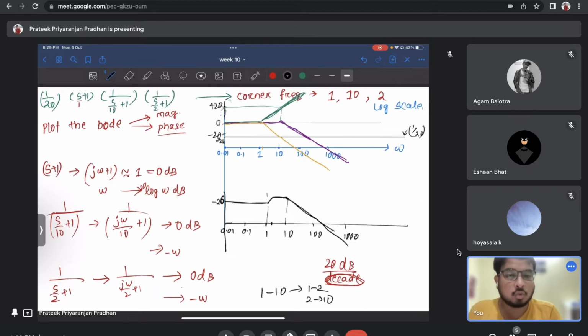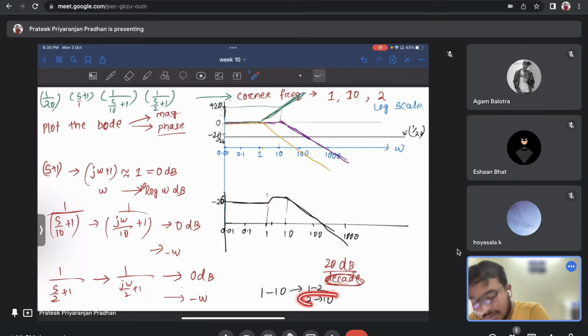So from 1 to 2, the black curve remained as it is. The green curve up to 1 was 0. After that, it was increasing from 1 to 2. The orange curve was 0 and the purple curve was 0. So straightforward, minus 26 plus whatever the green curve was contributing. Clear? 1 to 2, no doubt.